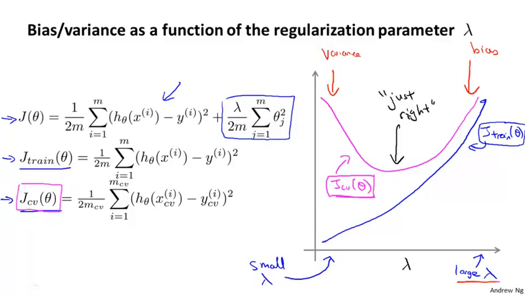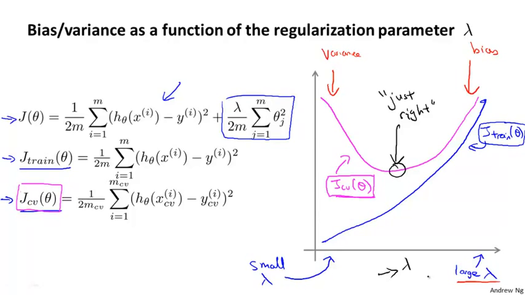Whereas the curves I've drawn here are somewhat cartoonish and somewhat idealized, so on a real data set, the curves you get may end up looking a little bit more messy and a little bit more noisy than this. For some data sets, you will really see these broad sorts of trends, and by looking at a plot of the holdout cross-validation error, you can either manually or automatically try to select a point that minimizes the cross-validation error and select the value of lambda corresponding to low cross-validation error.